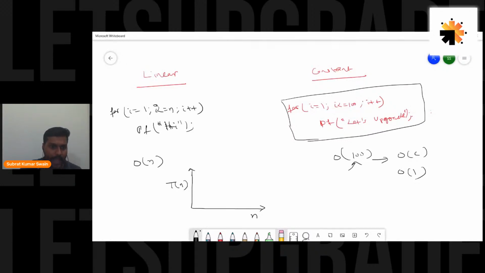So I have an algorithm, and the graph between time complexity and number of inputs is denoted by f(n), let's say. It looks like maybe this. Let's say this is f(n), which basically denotes the time complexity.